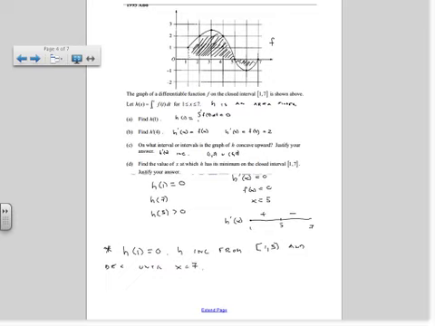So h of 5 is a local max, and not only that, it's the only local max, therefore it is the absolute max.